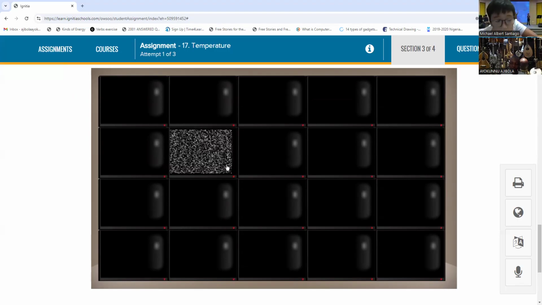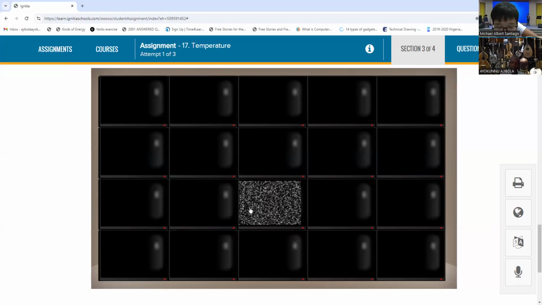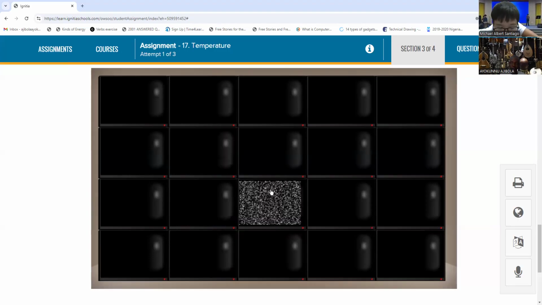Now, 5 degrees C to Fahrenheit. What you're going to do is multiply 5 by 1.8, okay? 5 times 1.8, that'll be 9.